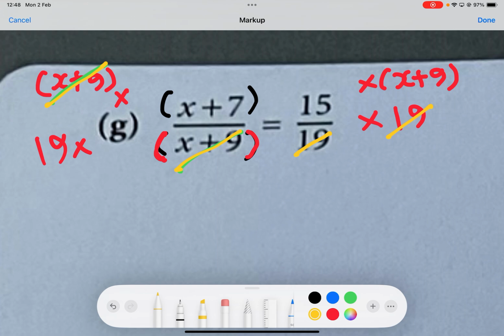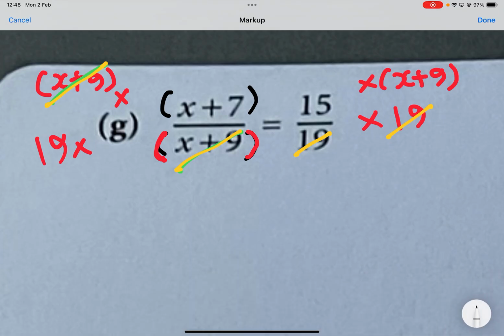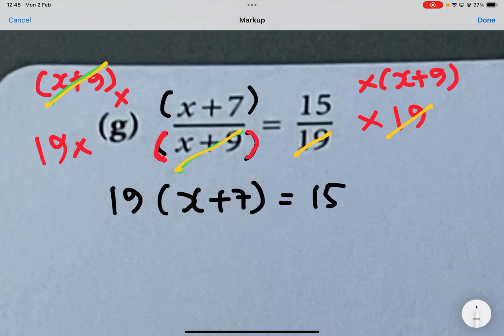On the right, I am left with 15 multiply this bracket. So the result looks like my denominator from the left is multiplying the numerator on the right. My denominator on the right is multiplying the numerator on the left.